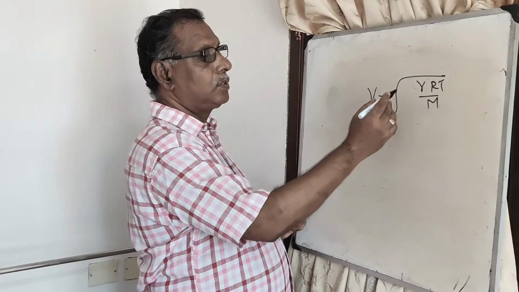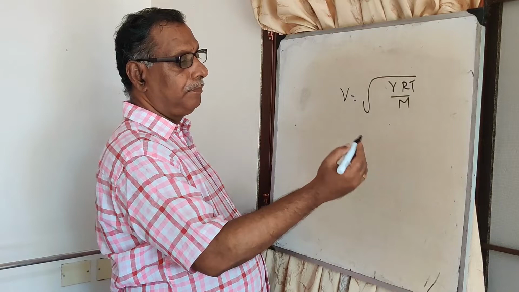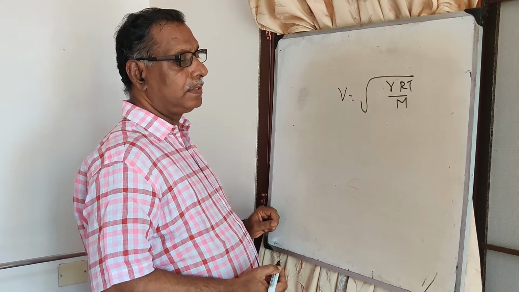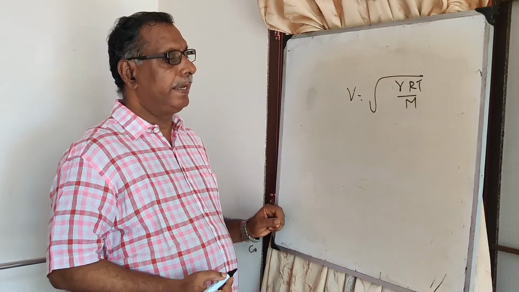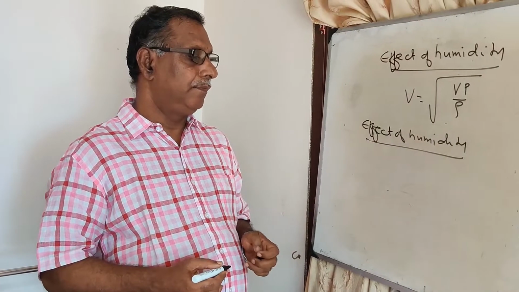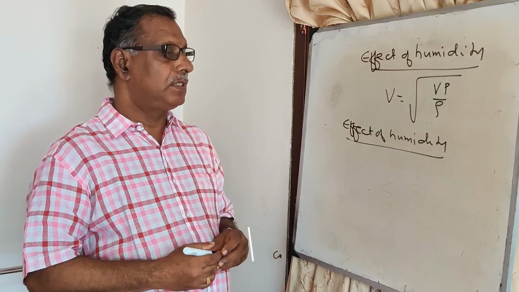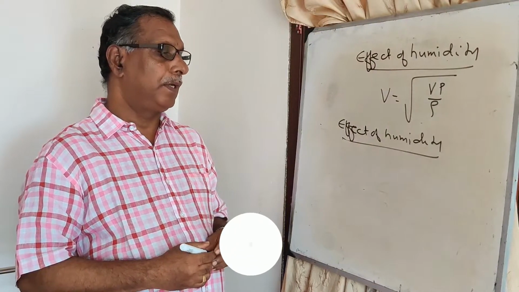Velocity of sound V equals root of gamma RT divided by M. M is the molecular mass. From that we can say that of all gases, velocity of sound is greater for hydrogen. Now we have to study what about the effect of humidity on velocity of sound. Velocity of sound V equals root of gamma P by rho.